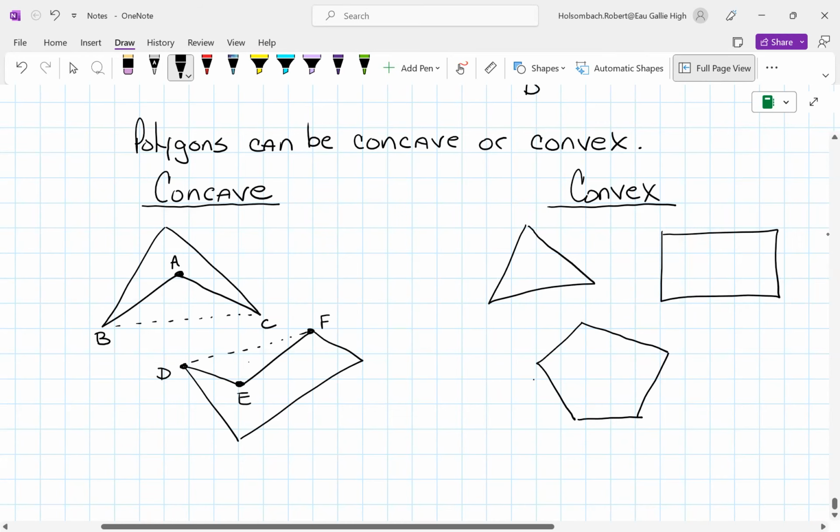These polygons on the right are all convex polygons. If you connect two consecutive vertices, if I connect A to B, there's no other vertex between A and B that's inside the shape. All right. So these are all convex. On the left are concave. Yes.